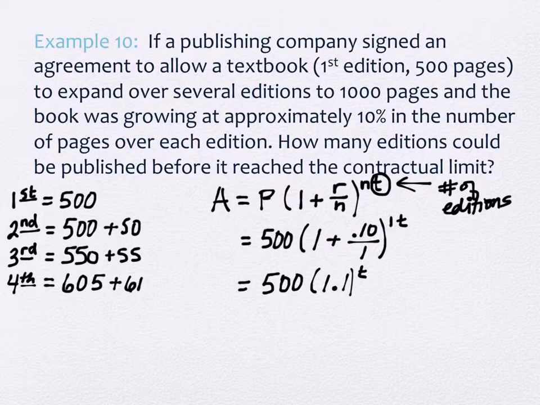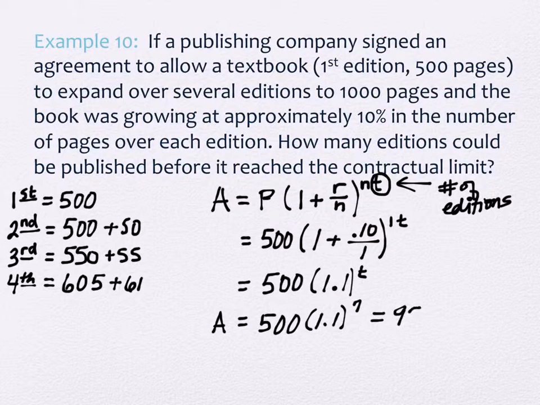What you're looking for is the closest you can get to 1,000 without going over, because that's the contractual limit. They're not going to produce a book that's more than 1,000 pages. That's what the problem tells us. So what is the biggest number you can get that won't go over? 7 is right. So if you put in the number 7, what did you get? 974.